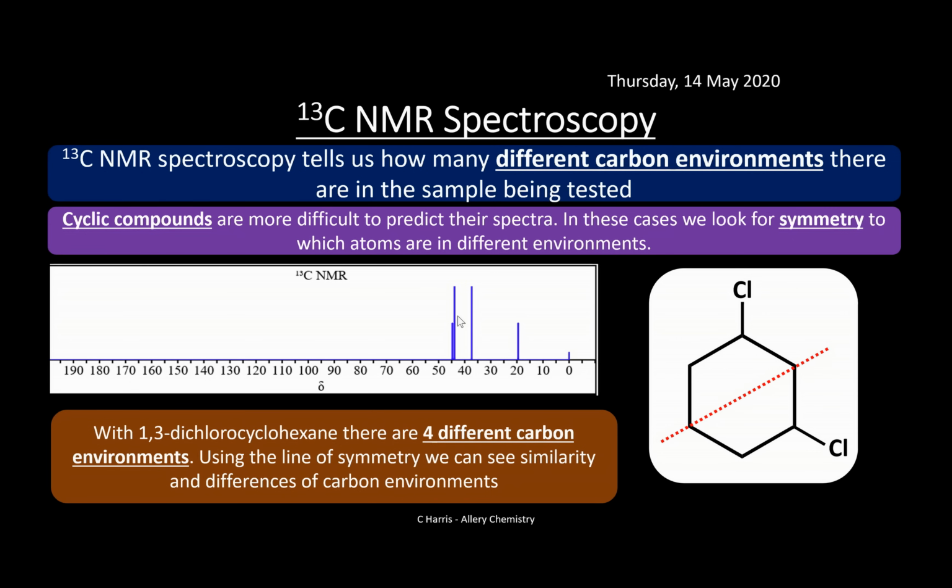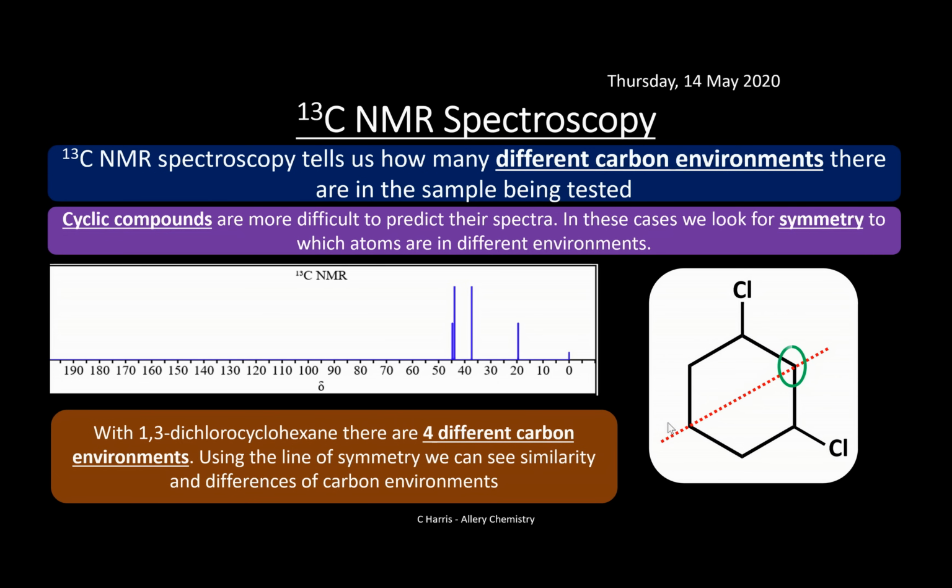1,3-dichlorocyclohexane, and then what we do is we look for the number of different carbon environments, and we can see here that we do have 4 different carbon environments. We have one here, these ones are in the same environment, these ones are in the same environment, and this one is in a different environment. We'll circle them and see where they are.